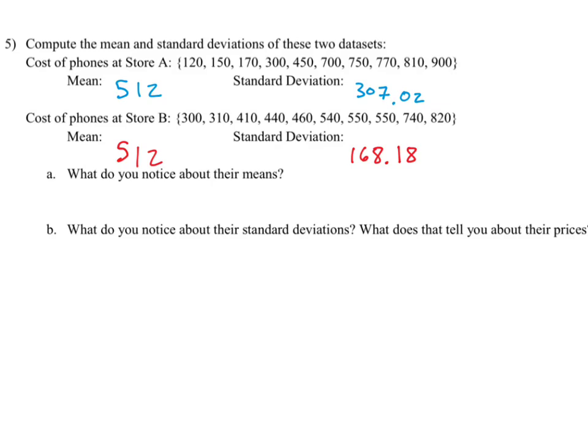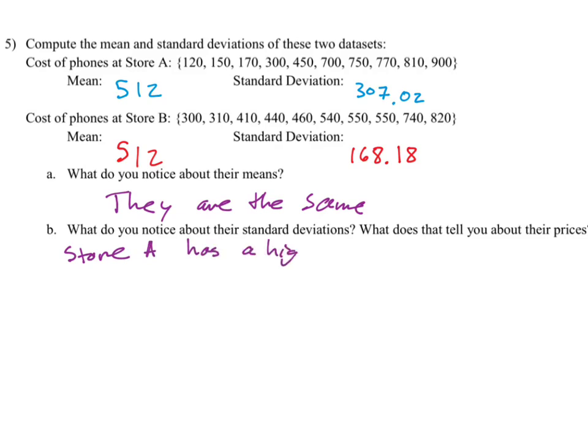On part A, what do you notice about their means? They are the same. And then on part B, what do you notice about the standard deviations? What does it tell you about their prices? Well, store A has a higher standard deviation. I'm just going to call it SD.